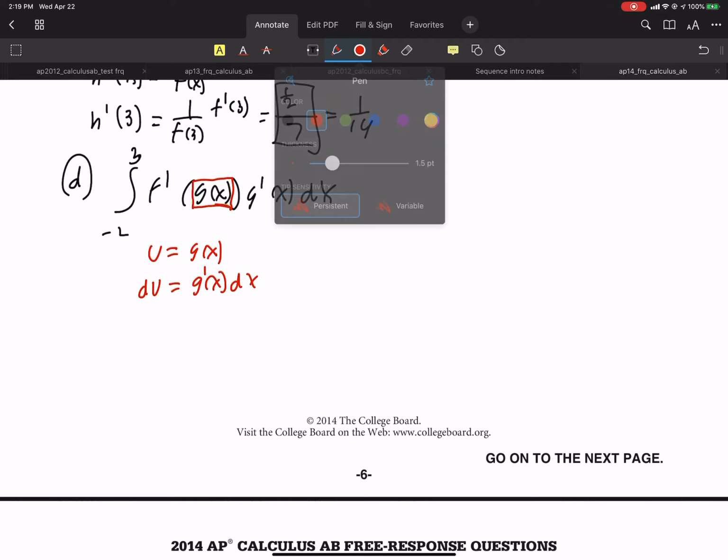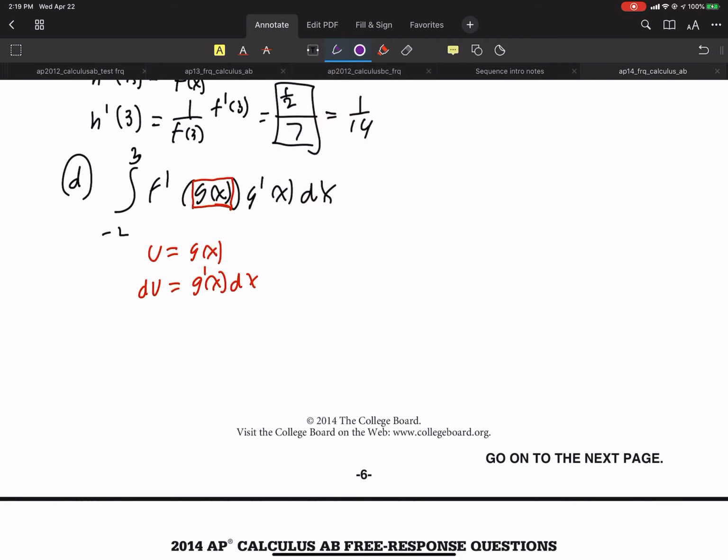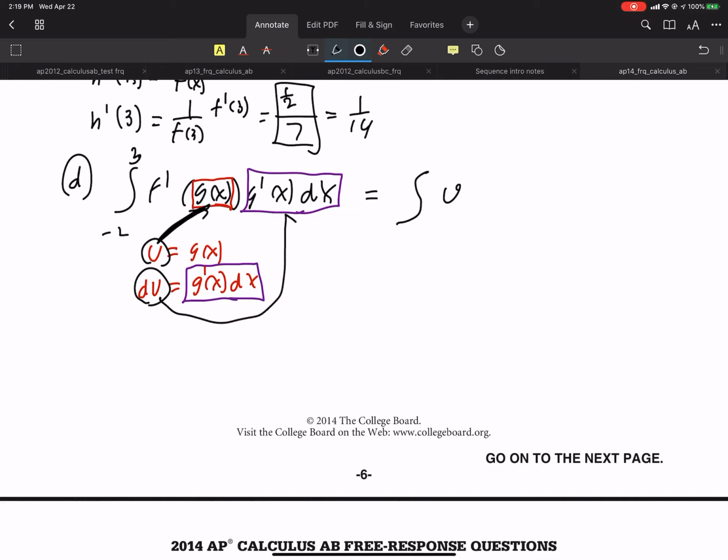Now here is the beautiful part. I want this. I have that. That is wonderful. So what's going to happen here? This gets replaced with U, and this gets replaced with du.